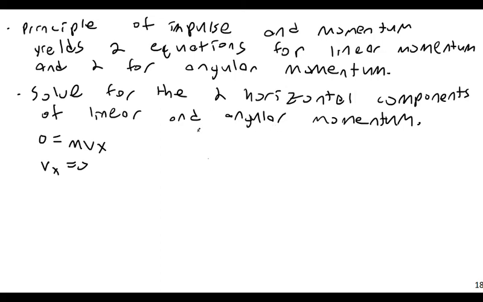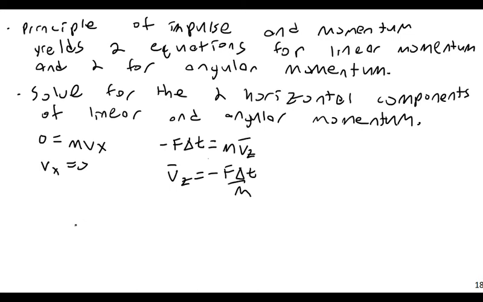Then if I look here, negative F delta t, now looking at the z-axis, is equal to m vz, so v bar z is equal to negative F delta t over m.